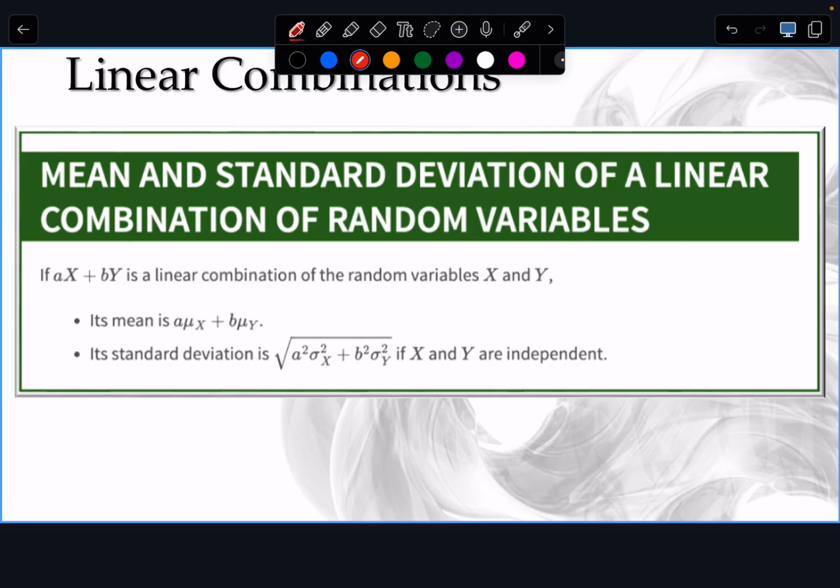So assuming that the variables are independent, and that is still crucial, even with the linear transformation in play, we're still combining random variables, which means that independence assumption needs to be met. But then we're adding the variances together. And so yesterday we talked about when we calculate variance with a linear transformation, when we multiply or divide by a constant, the variance gets multiplied by that constant squared.